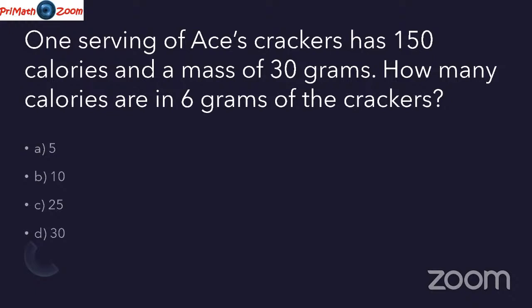Now, of course, I want you guys to work this out on your own and give me a justification for your answer. 1 serving of Ace's crackers has 150 calories. And that same 1 serving has a mass of 30 grams.